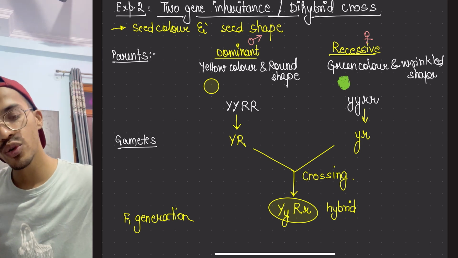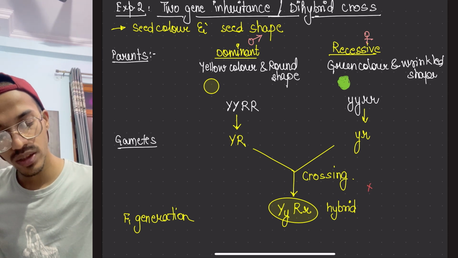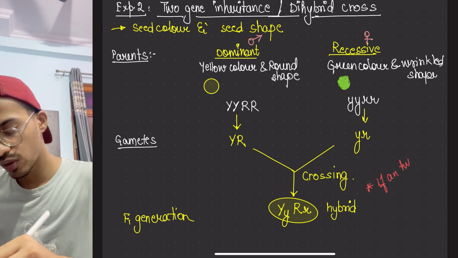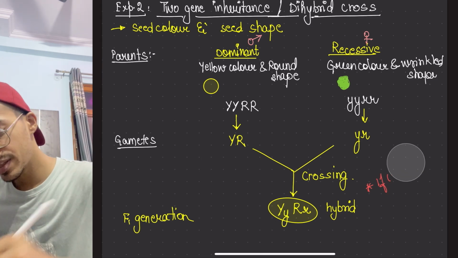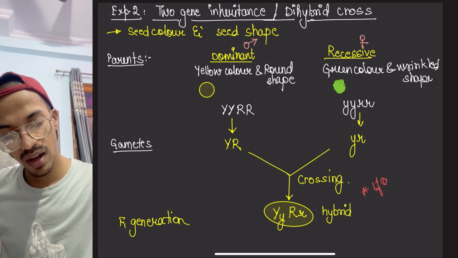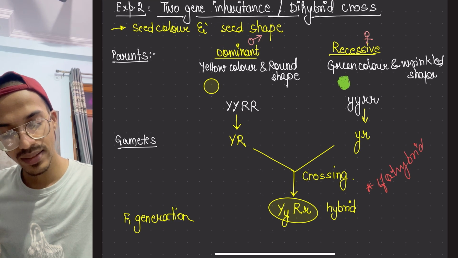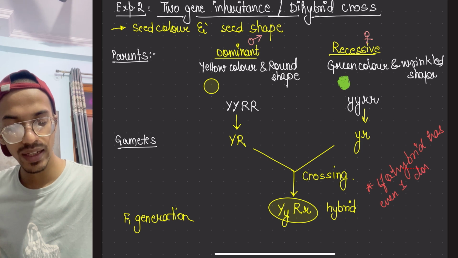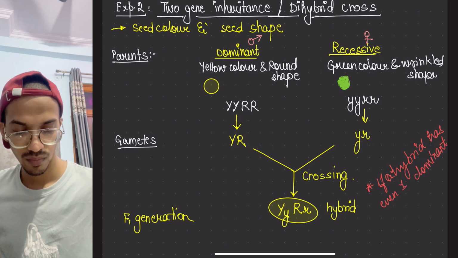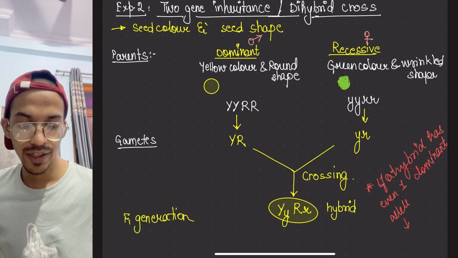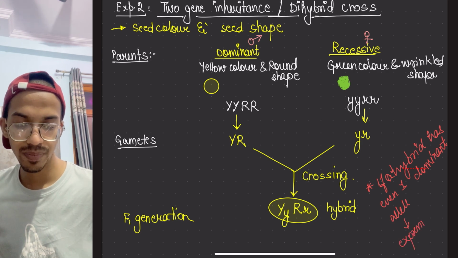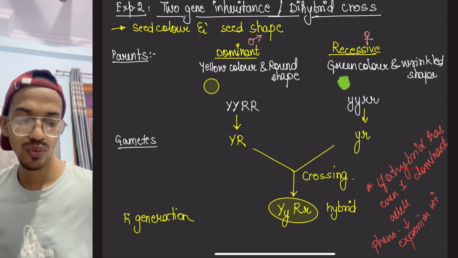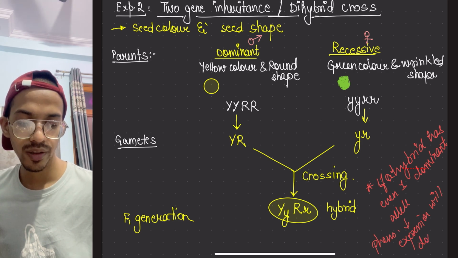So what I told you over here, in the Mendel cross, if a hybrid has even one dominant allele, expression will be dominant. Phenotypic expression will be dominant. Remember it.